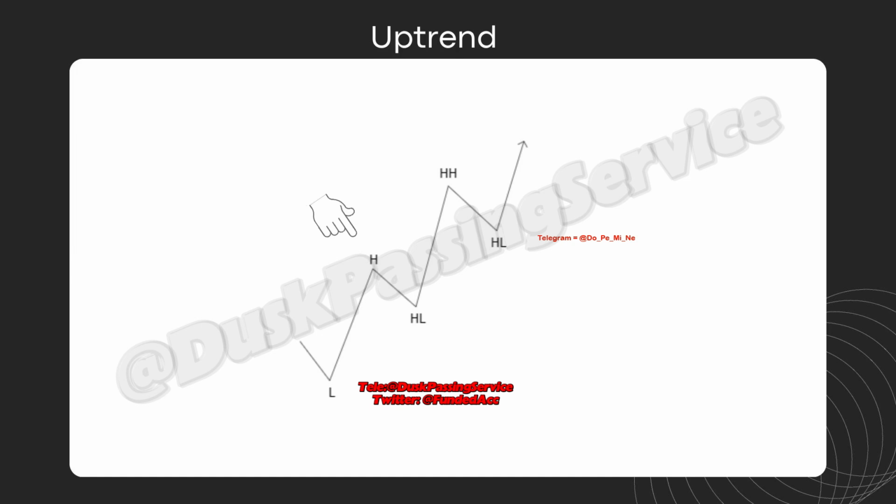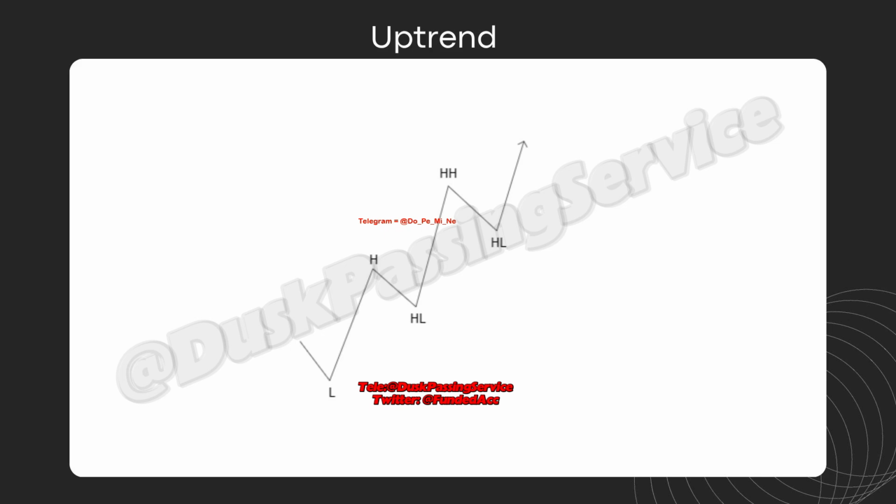Now that price has made a high, it has to first retrace back before it moves higher again. When this retracement ends, it forms a higher low, meaning a low that is higher than the previous low. That is how we define a bullish market structure in an uptrend.